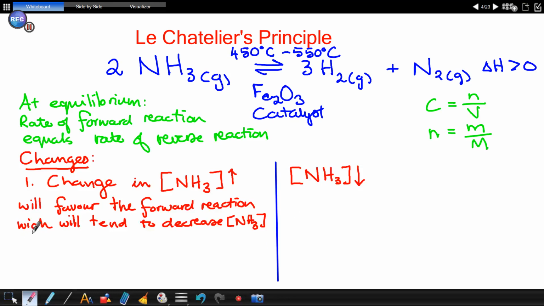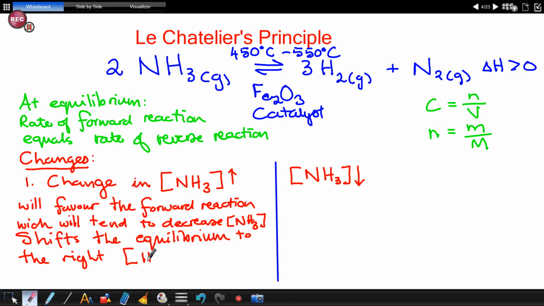So this, favoring the forward reaction, shifts the equilibrium to the right. The concentration of the hydrogen will increase and the concentration of the nitrogen will increase.